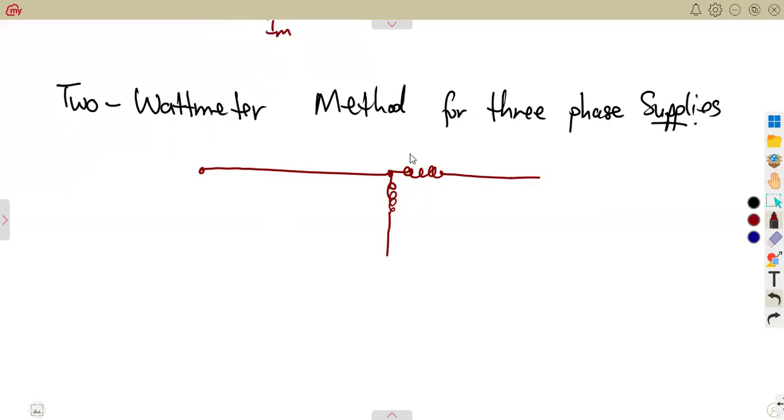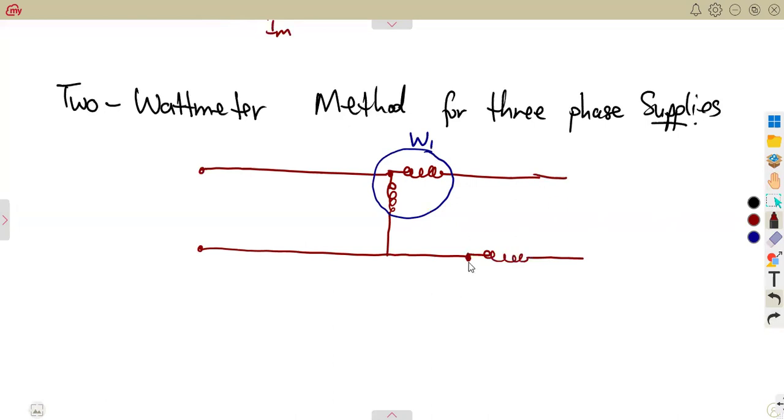That is going to be our wattmeter 1, our first wattmeter connected. Then you have another connection of another wattmeter, just something like this.